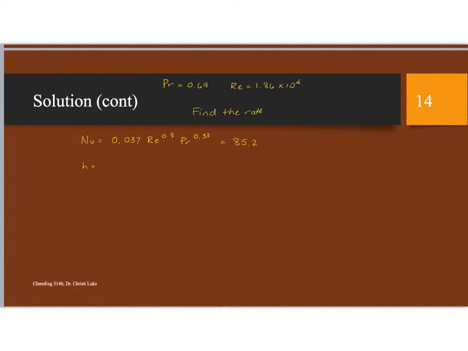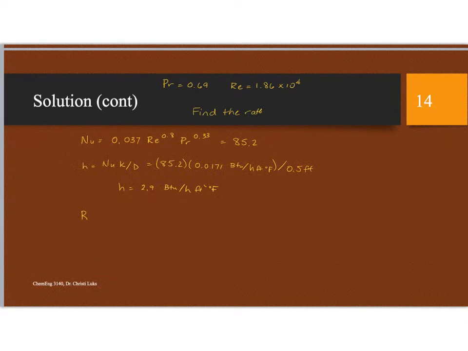I can now use this to find h as the Nusselt number times the thermal conductivity over that effective diameter. So the Nusselt number is 85.2, k is 0.0171 BTUs per hour foot degree Fahrenheit, and the effective diameter again is 0.5 feet, leaving me with a value for h of 2.9 BTU per hour square foot degree Fahrenheit.